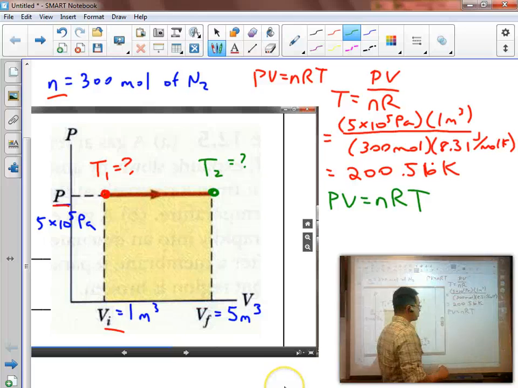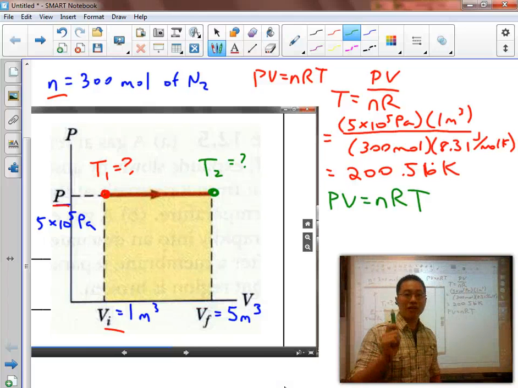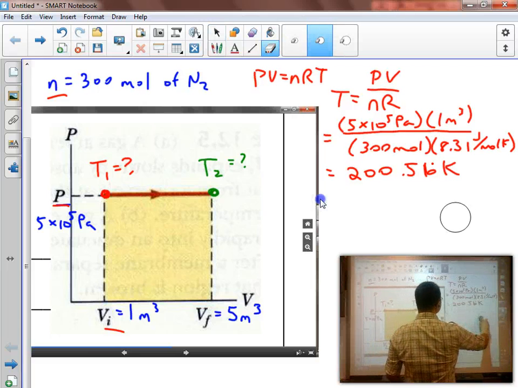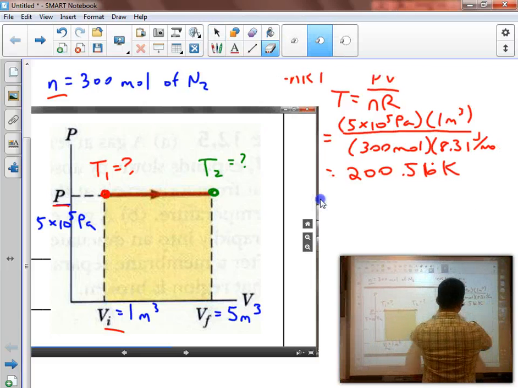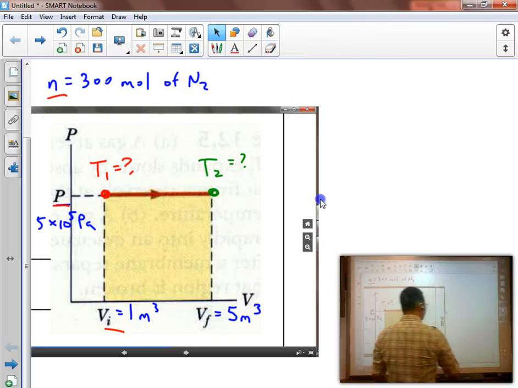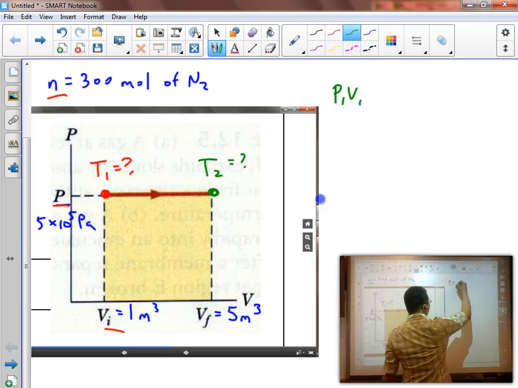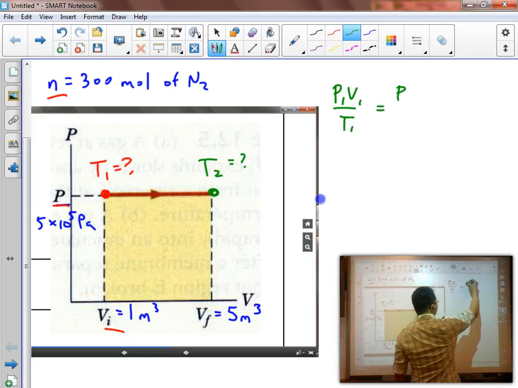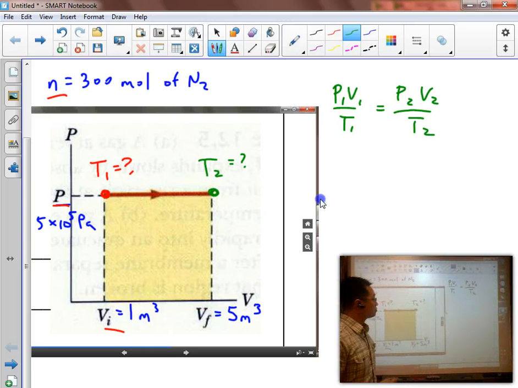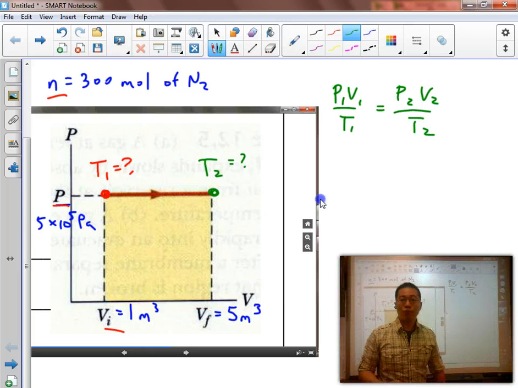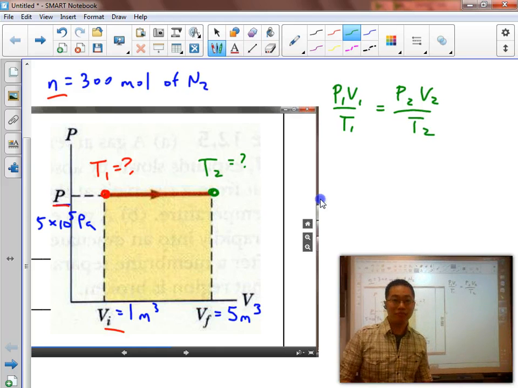You see, rather than using the ideal gas law again, we can use the combined gas law, which means P1V1 over T1 equals P2V2 over T2. And we can use this to calculate what the new temperature is automatically.